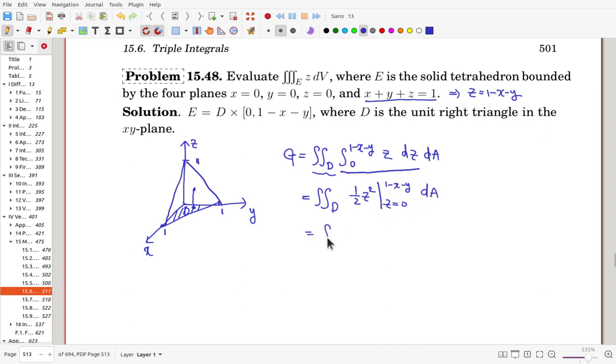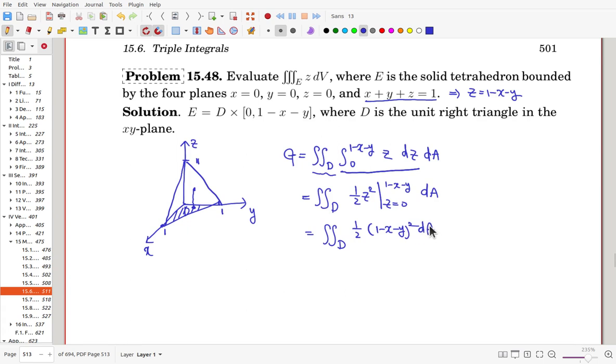We get it easily: double integral over D of half times 1 minus X minus Y squared, dA.